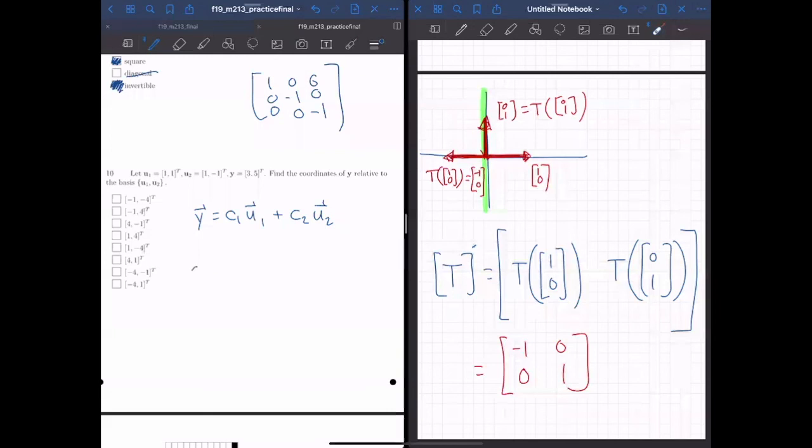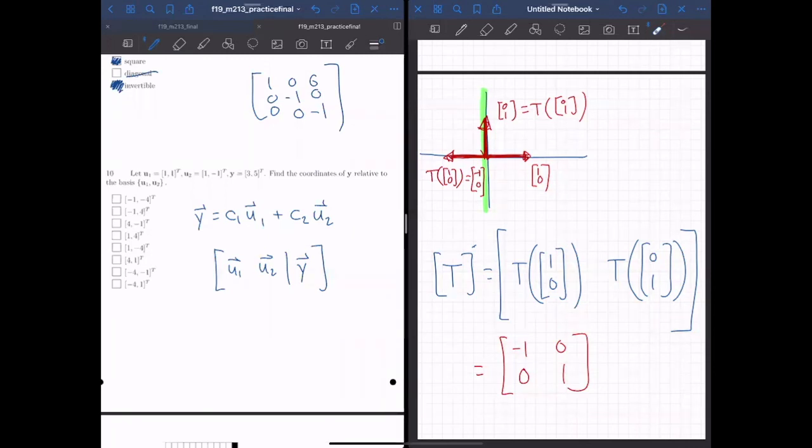Now fortunately, we have a nice formula. If this were the olden days, if this were midterm 1 and you didn't know anything about orthogonality, the way you would solve this is you would set up the augmented matrix u1, u2 with a y in the augmented column, and you would find the solution to this system, okay?